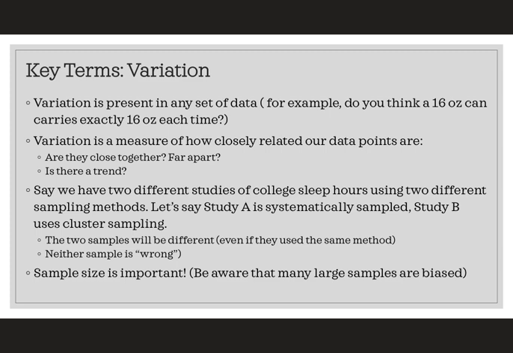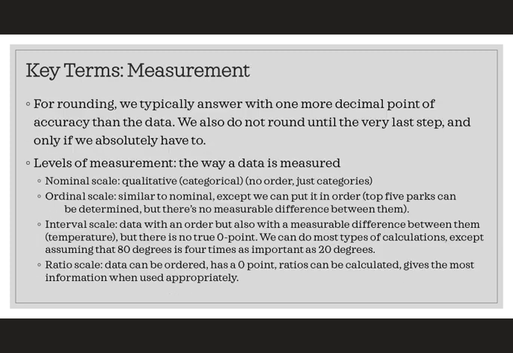Probably not, but if I can keep all my cans within 15.8 to 16.2, that's a variance that I'm okay with. So when we measure variance, this is where we start measuring things like mean, median, mode, range, tolerance. All of those kinds of words get tied into this in a similar manner. So we just want to make sure that we understand what variance is.